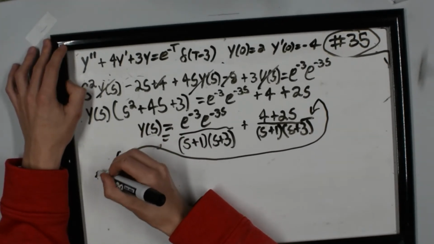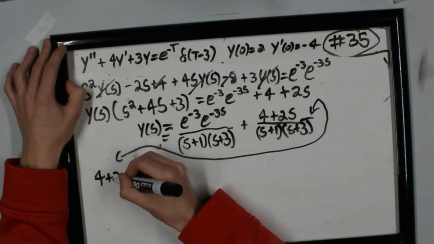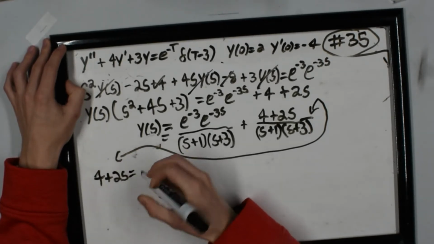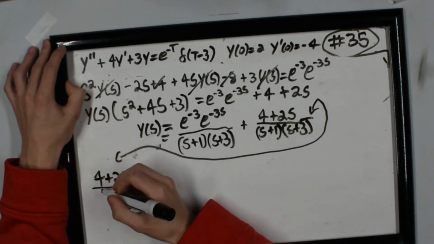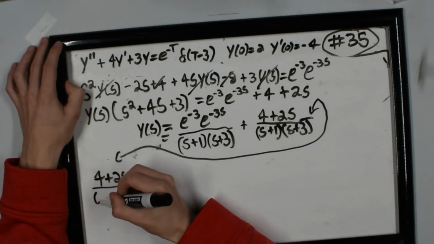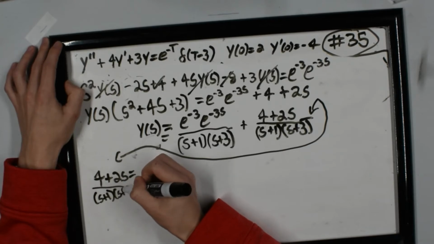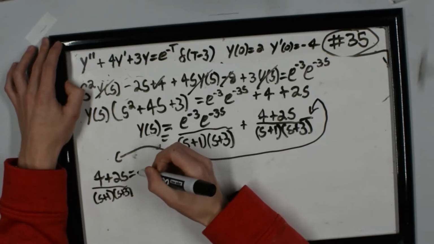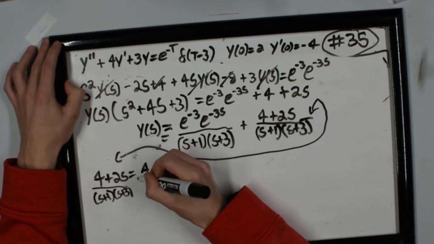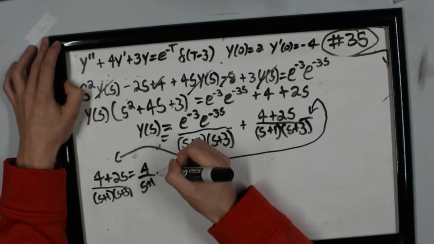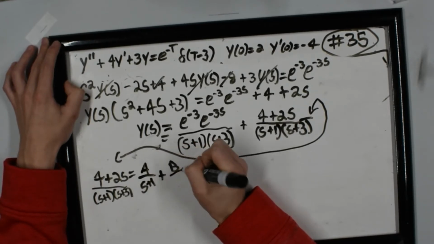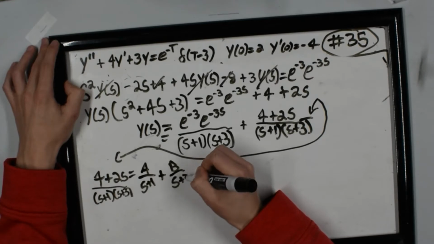So we have 4 plus 2s over s plus 1, s plus 3, and that's equal to A over s plus 1 plus B over s plus 3.